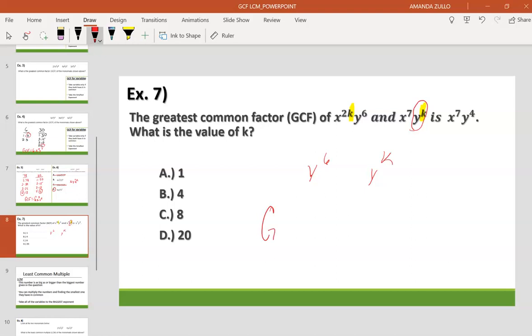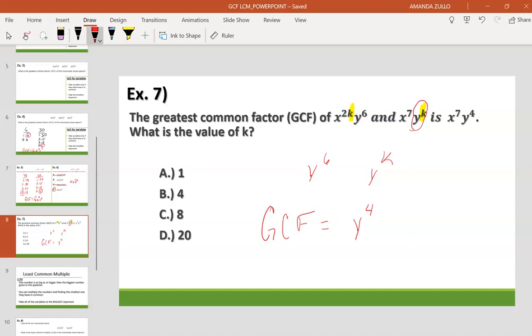And our GCF is y to the 4th power. Remember, for greatest common factor, you always take the smallest exponent.